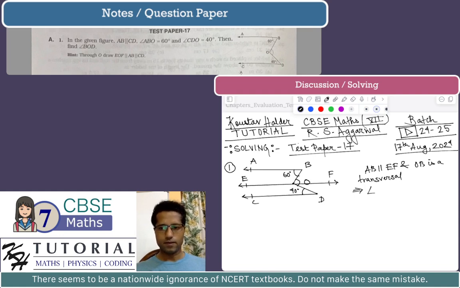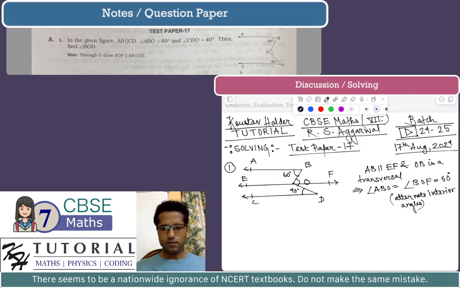So we will have angle ABO will be equal to angle BOF, which is equal to 60 degree, because angle ABO is given to be 60 degree. Why? Because these are alternate interior angles. So we got angle BOF equals 60 degree.